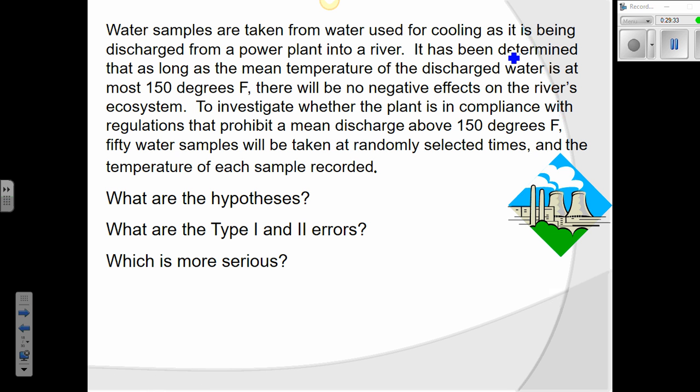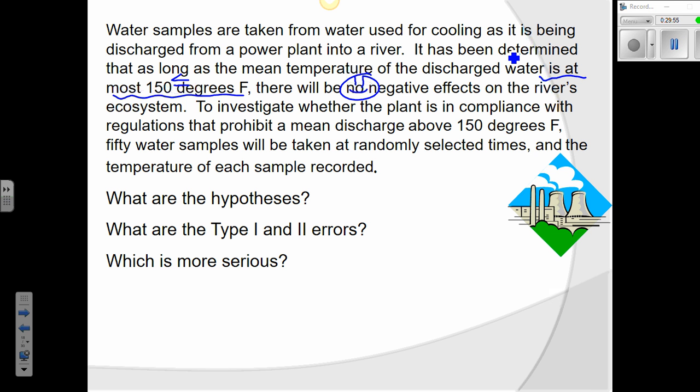What does at most mean in terms of an inequality? That's less than or equal to, right? There are no negative effects, so that means that we would be happy with this. When will we start seeing issues? When it's over that, correct?